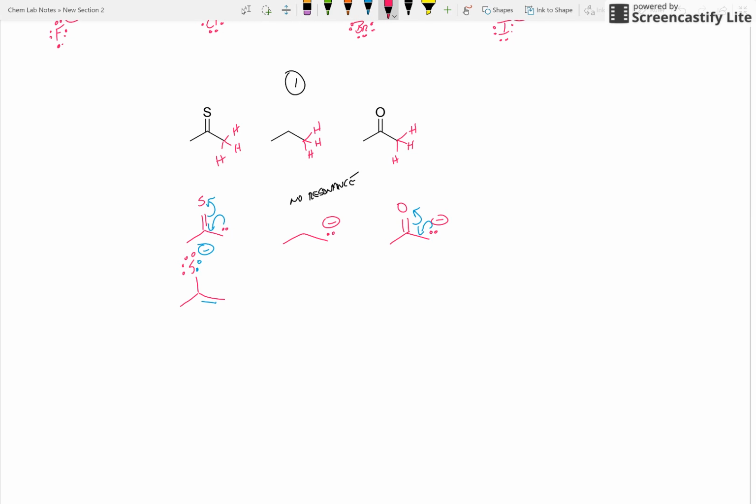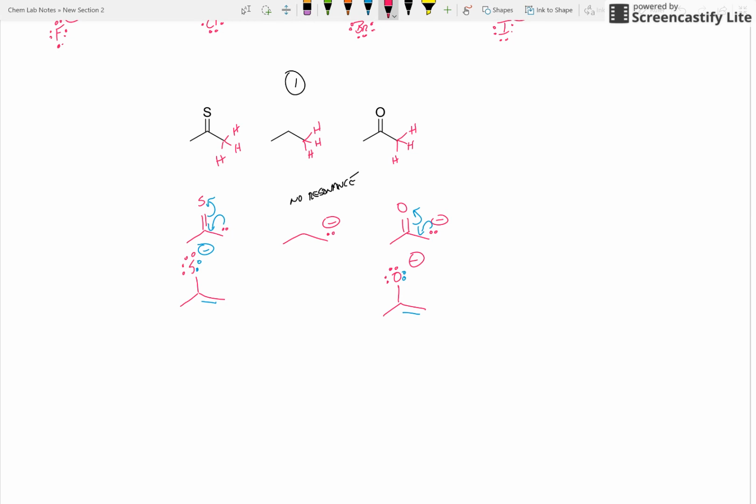Negative there. Oxygen, blue, lone pair. Okay. So now we've made a resonance structure that generates one pi bond and puts the negative onto a sulfur or puts the negative onto an oxygen.